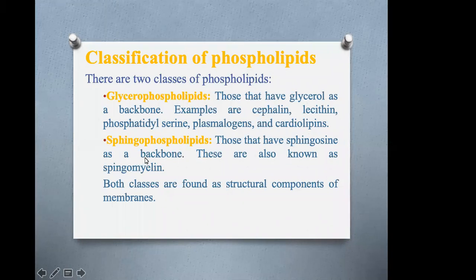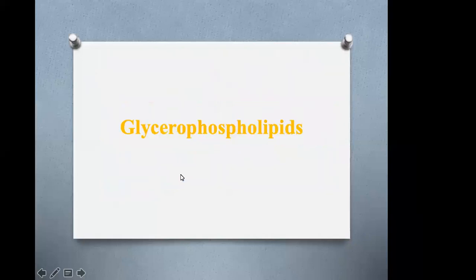Sphingophospholipid has sphingosine as a backbone, whereas glycerophospholipid has glycerol as a backbone.